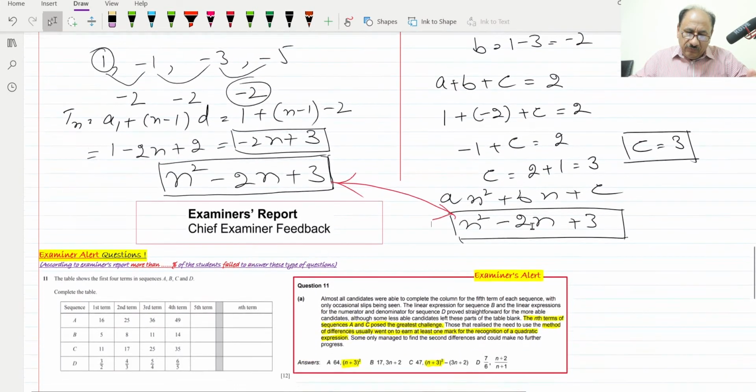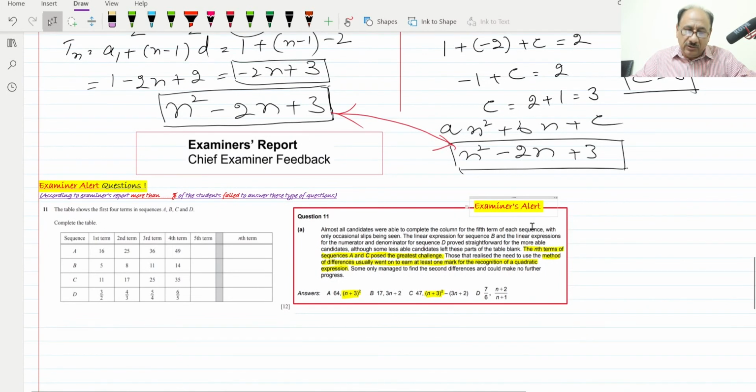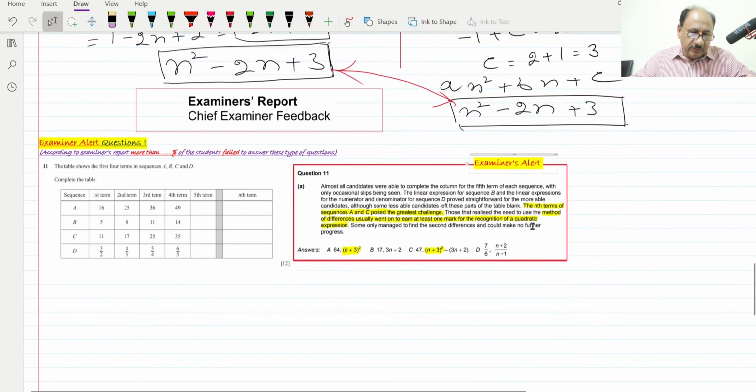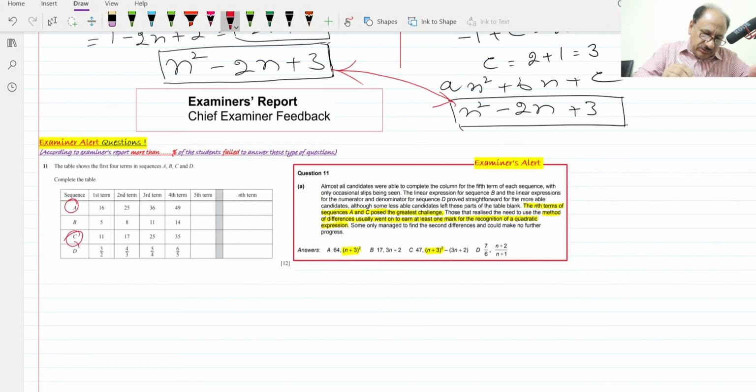Now at the end of the video, we are going through the examiner's report, the chief examiner's feedback, and this is the question which I have taken from past papers. If you go through this in detail, it is saying, I'm reading this highlighted portion, the nth term of the sequence A and C posed the greatest challenge. A and C. So A is this one and C is this one.